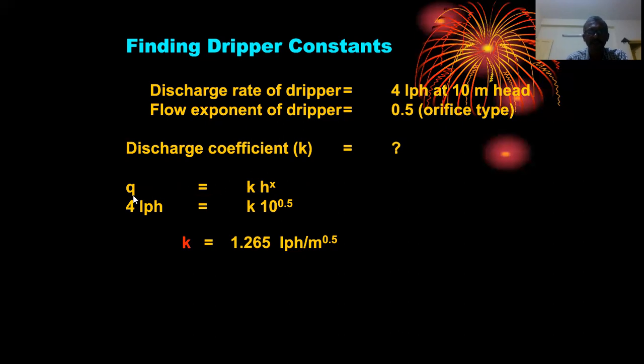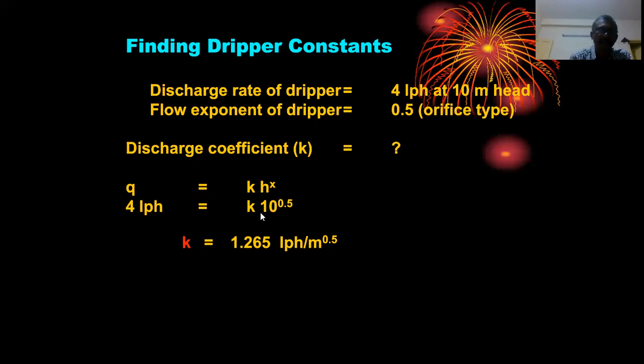It is 4 lph, K is not known, at 10 meters of head. The dripper type is called orifice type, and for orifice type, the X value is 0.5. You recall that orifice means just a hole. It is much similar to your sprinkler. For sprinkler also the X value is all the time 0.5.